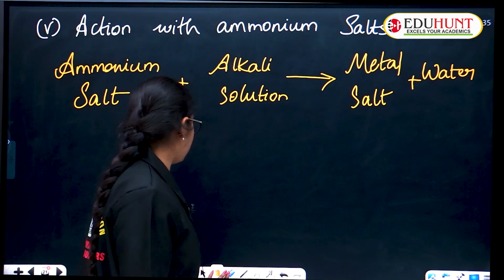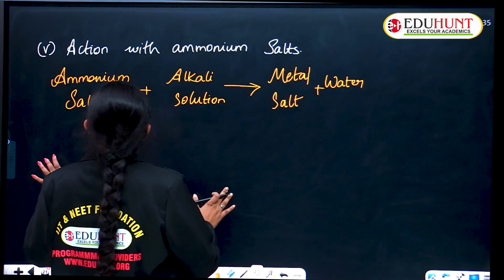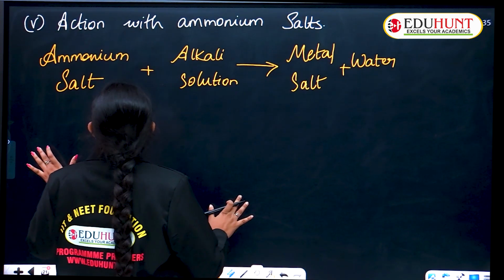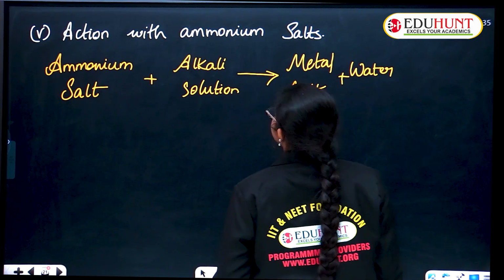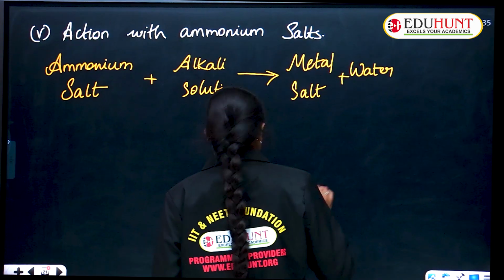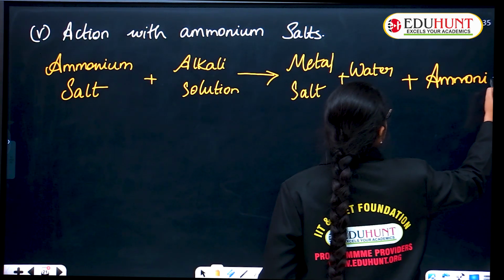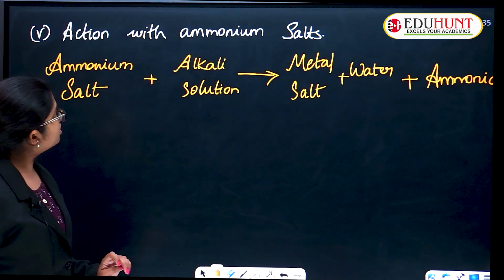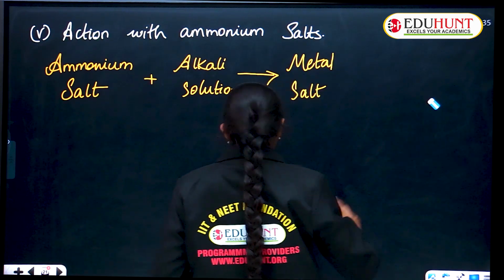Reaction is, I'll write something small, or else wait. Okay, yes, plus water plus ammonia. Is it clear, children? Is it okay for you? Shall I write neatly? This is something messy, I'll write it neatly, wait.